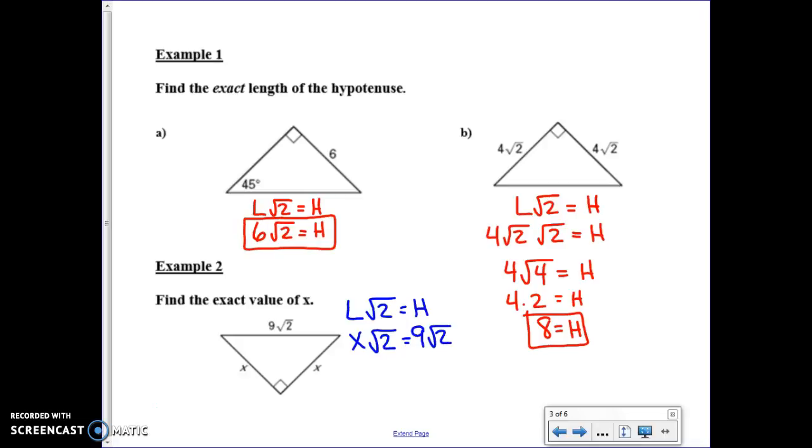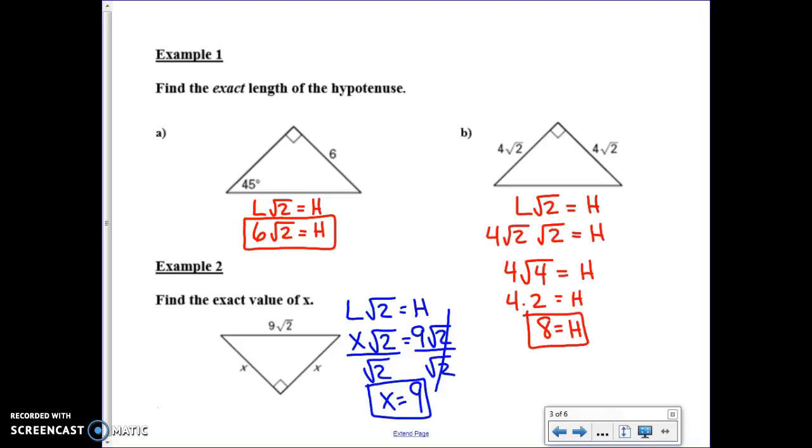Then, if I want x by itself, I'm going to divide by radical 2. When I divide by radical 2, the really nice thing is those cancel, and so x is 9. So the leg length here was 9.